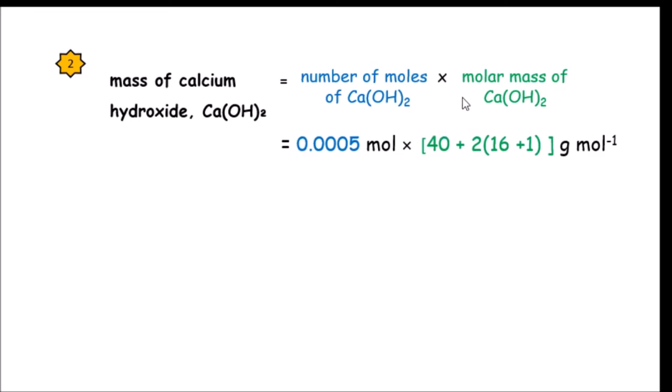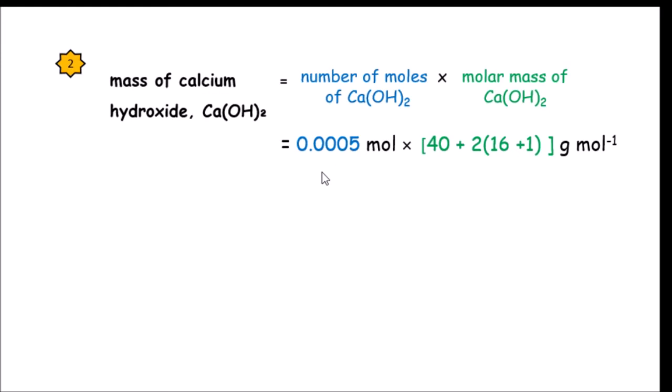So, the molar mass of calcium hydroxide is 40 plus 2 bracket 16 is oxygen, H is hydrogen, 1 is for hydrogen. Remember there is a bracket 2, so you need to times 2 in front of O and H.